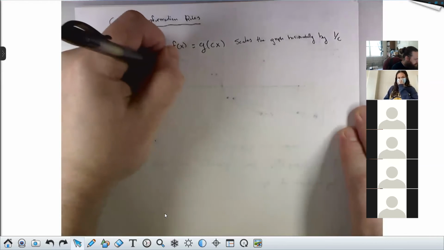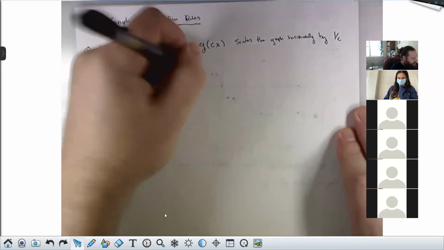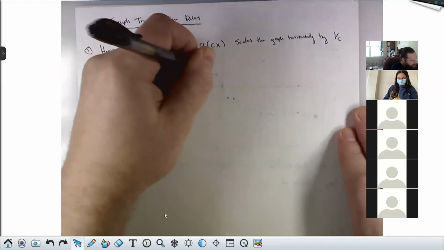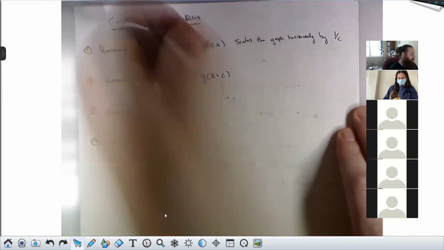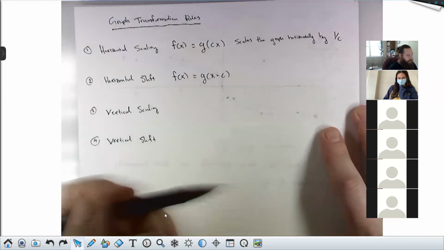Horizontal shifts, if your function f of x is g of x minus c, this shifts to the right by c.